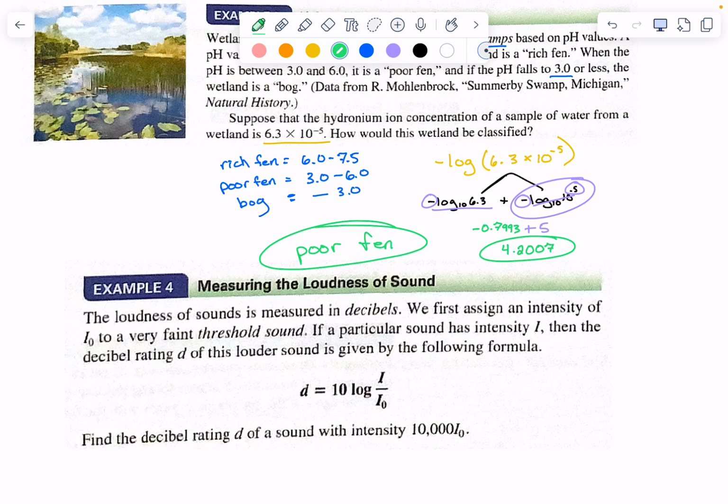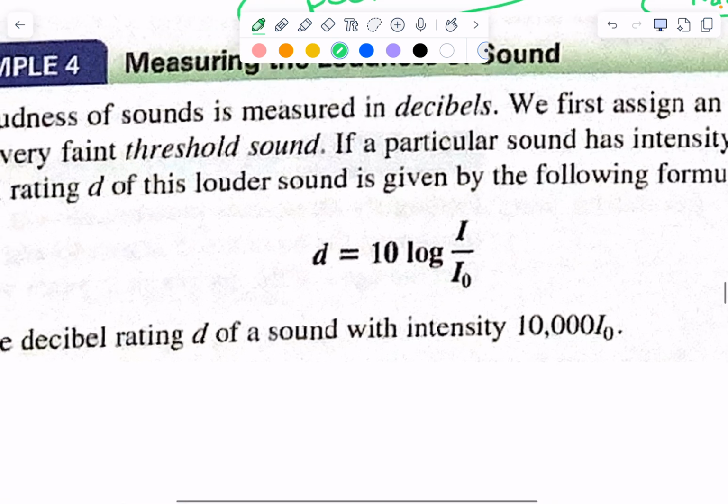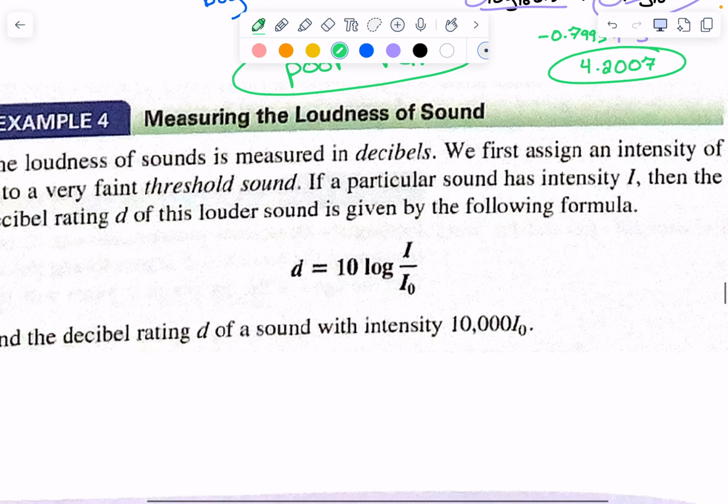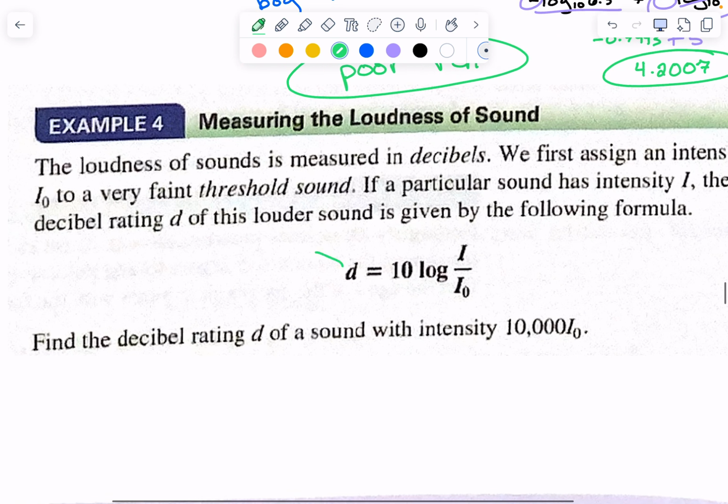Okay. The loudness of sound. So we talked about loudness, how that is a log also. The loudness of sound is measured in decibels. So this is loudness. D stands for loudness. I is the intensity of whatever sound we are talking about.